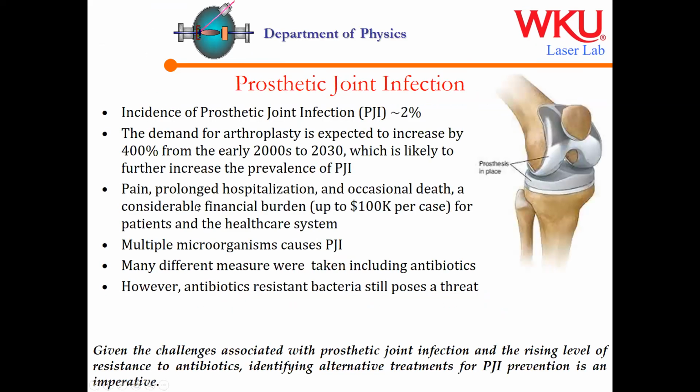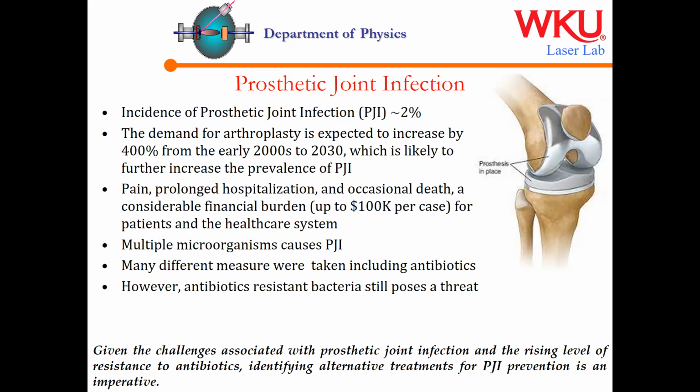Let me start with the problem. Prosthetic joint infection is a serious infection type. Normally, it occurs in 2 to 3% of the surgeries, but once it is detected, this infection is quite serious, and the doctor needs to do the surgery from scratch.